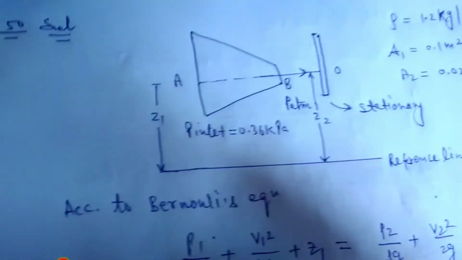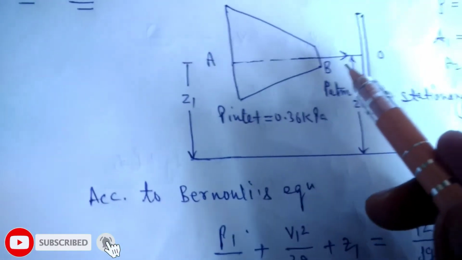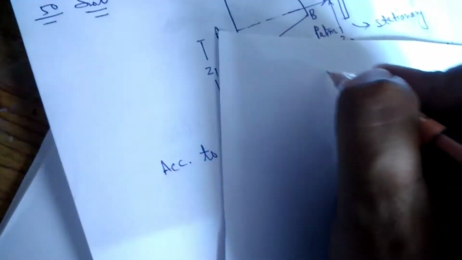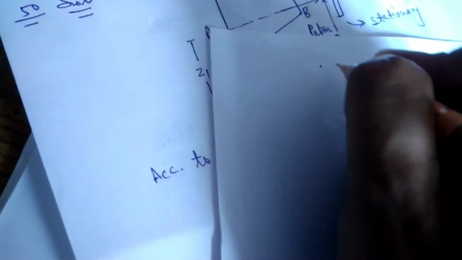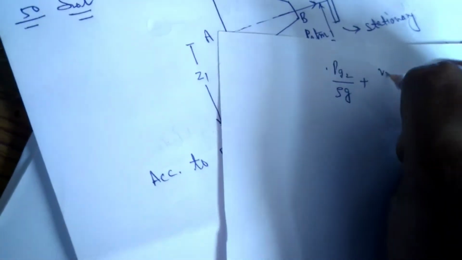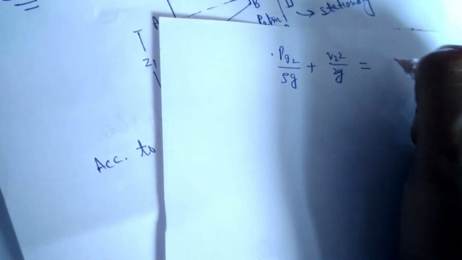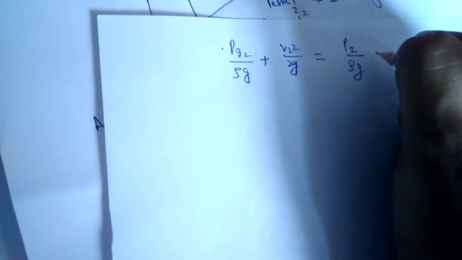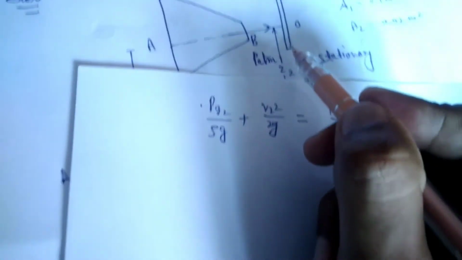Now focus on these 2 points. Now applying the Bernoulli equation on these two points, B and O. PG2 upon rho g plus V2 square upon 2g, and Z1 and Z2 are the same here, is equal to P2 upon rho g plus 0, because here the velocity is 0.